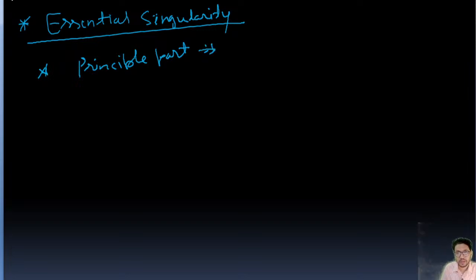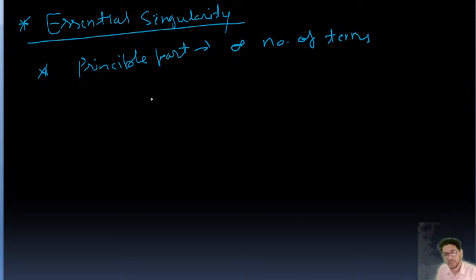So the negative power of z terms will be infinite. Principal part means an infinite number of terms, and there would be an infinite number of negative powers of z. That's what this sentence is saying.